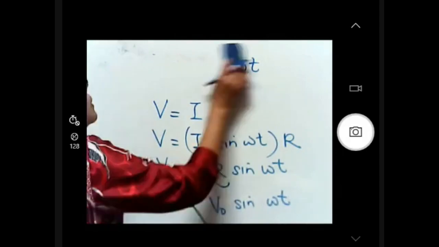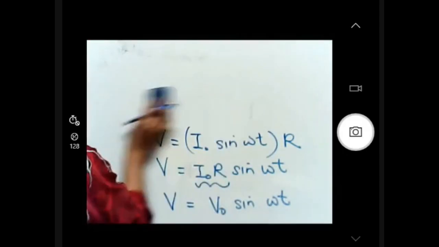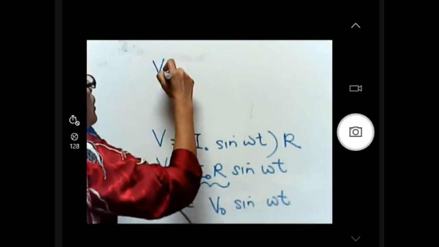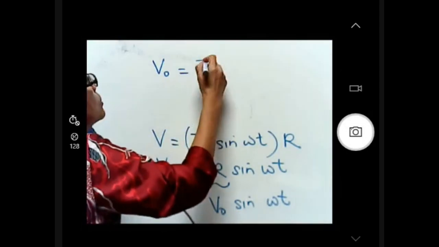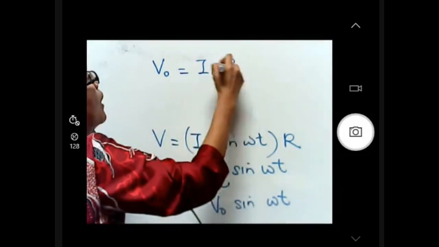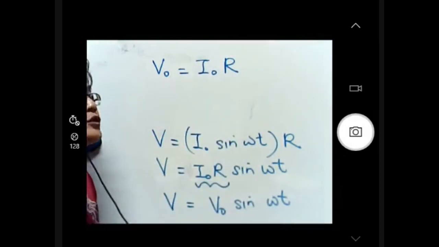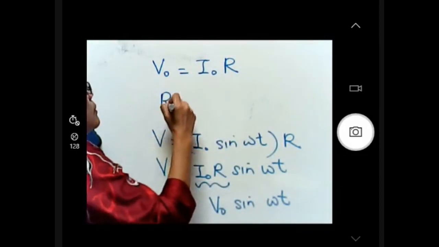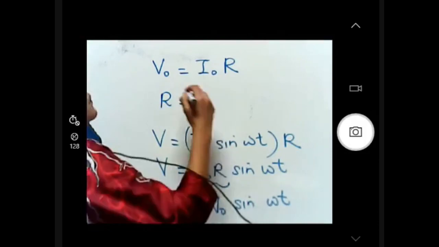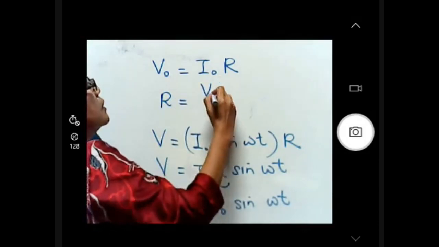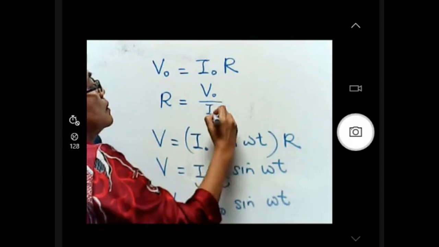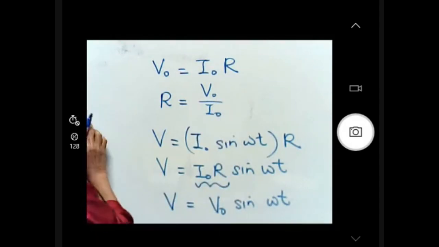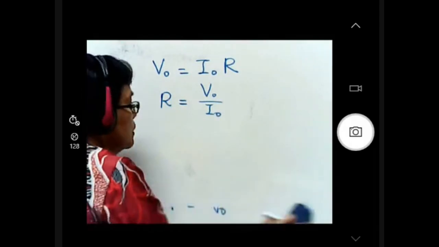Meaning we obtain V naught is actually equal to I naught R. So in order to calculate R, resistance, we will take the maximum value of voltage divided by the maximum value of current. So we will get the value of R.